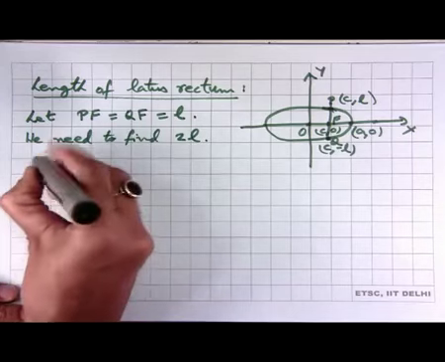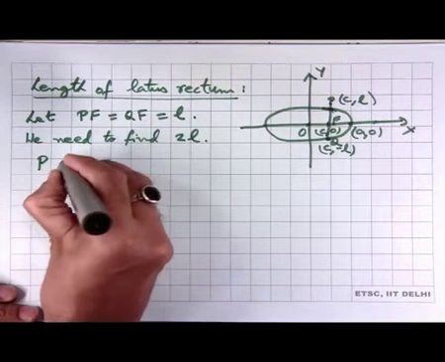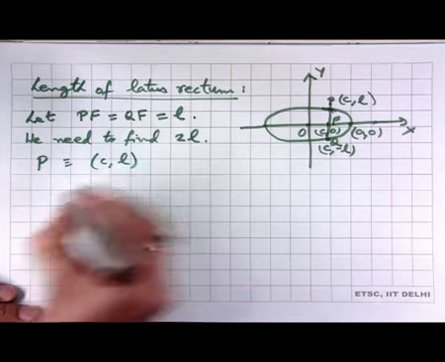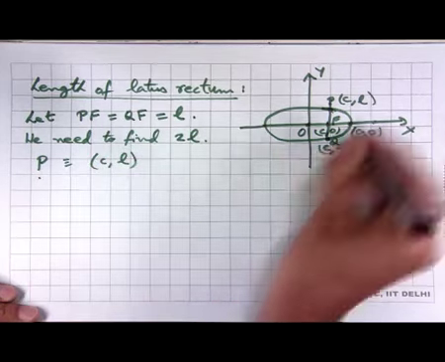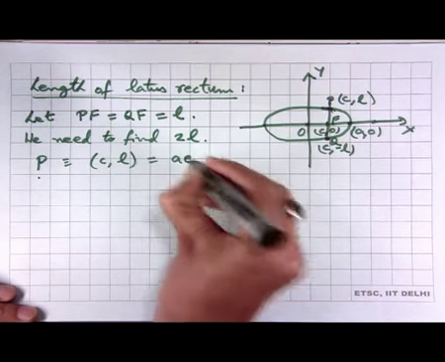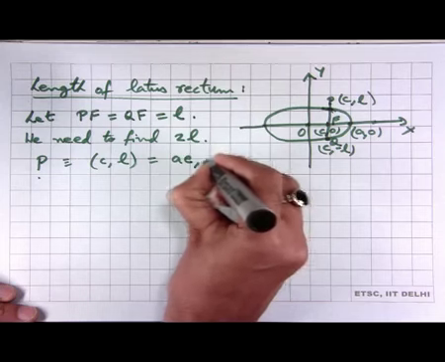Now, the coordinates of P is (c, L). What is c? We have seen that c can be written in terms of eccentricity as ae, so (ae, L).